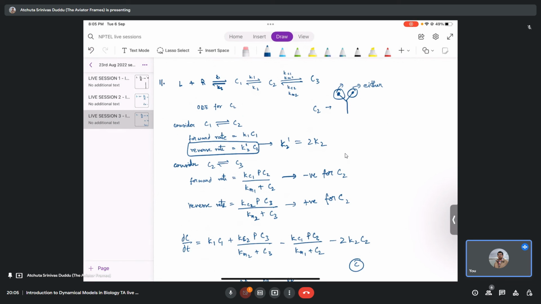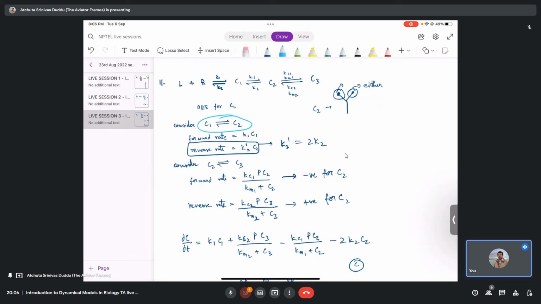Since we only require C2, you can forget about the transitions from L plus R to C1, since we'll write only in terms of C1, right? You can forget about L plus R converting into C1 unless you want to expand on it and then write C2 in terms of L and R. You don't require that. So first consider the transition from C1 to C2, right?